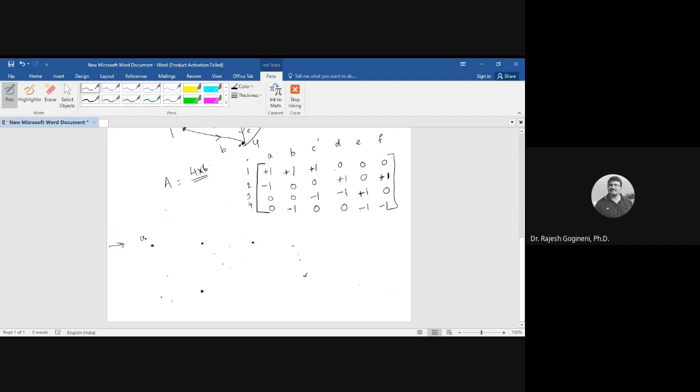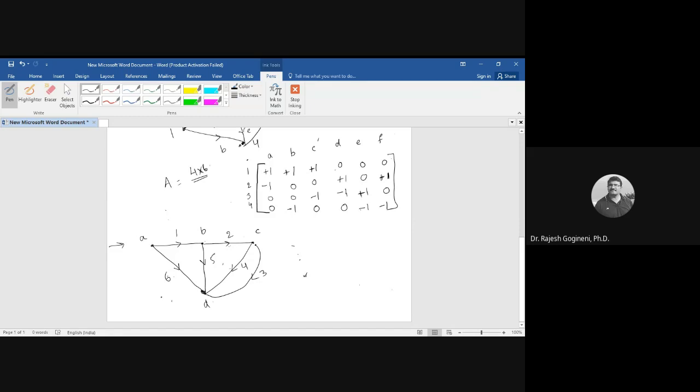Now one more graph. Nodes are given as A, B, C, D. The branches are 1, 2, 3, 4, 5, and 6.